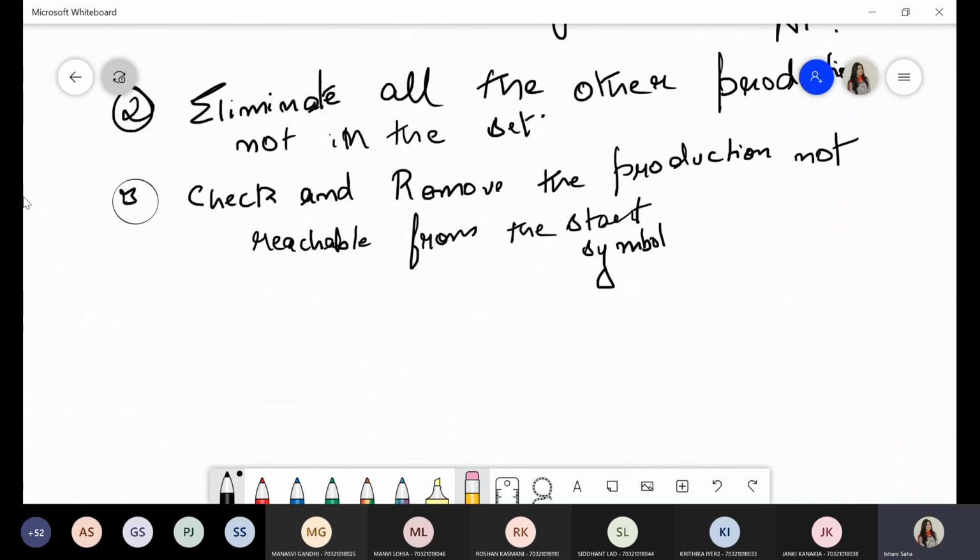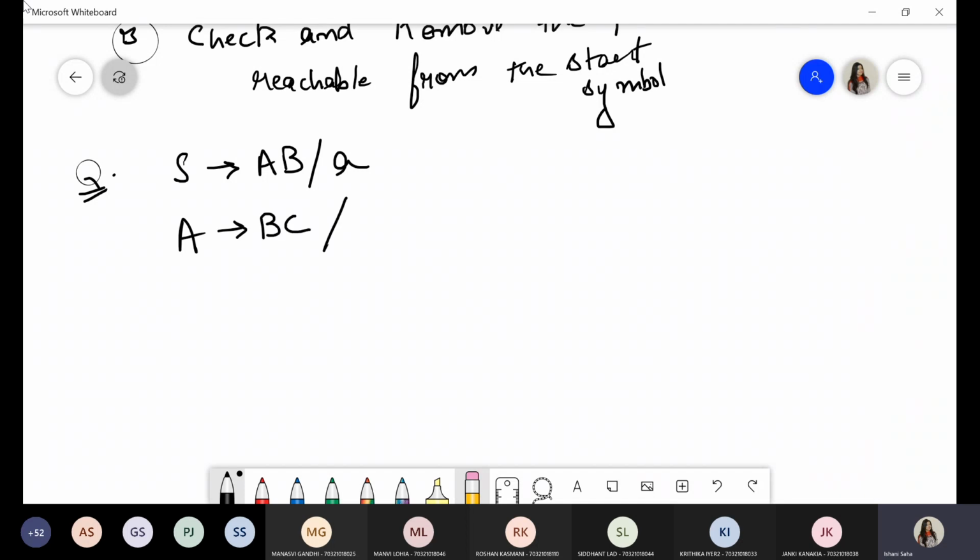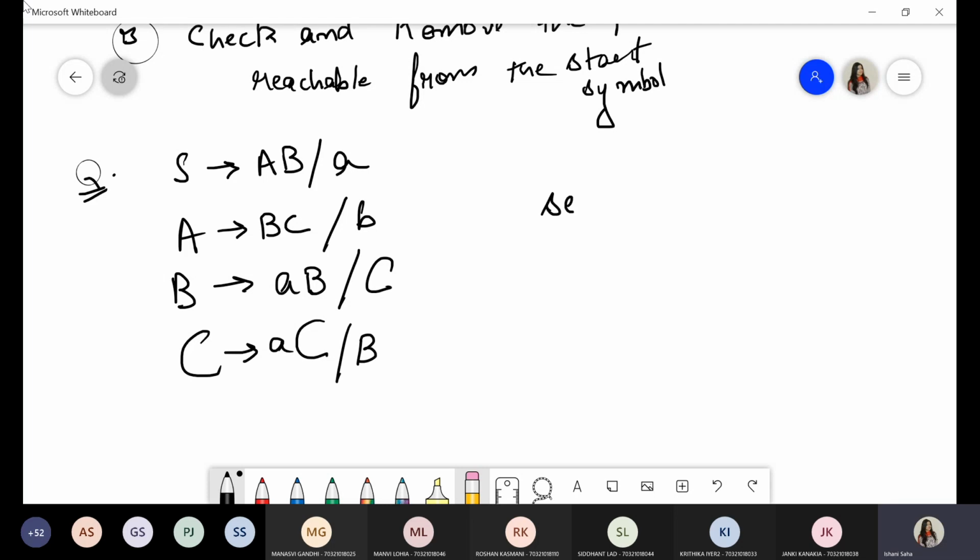Okay. So first thing first, let's take this question. 2 questions we'll check. Okay, first form the set. The set consists of the terminals A and B. And then see which of the elements are directly generating the terminals.